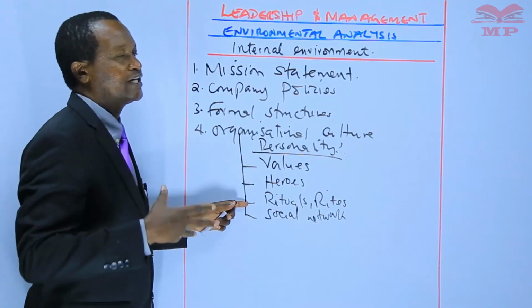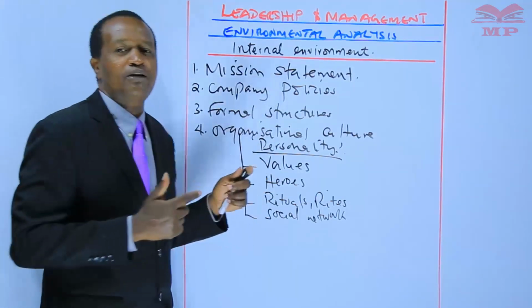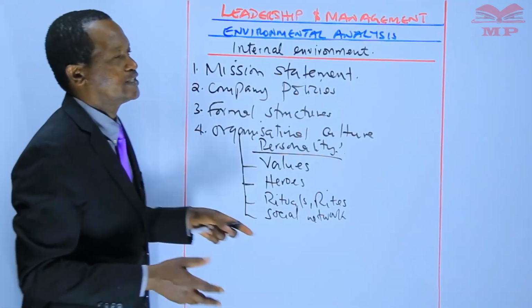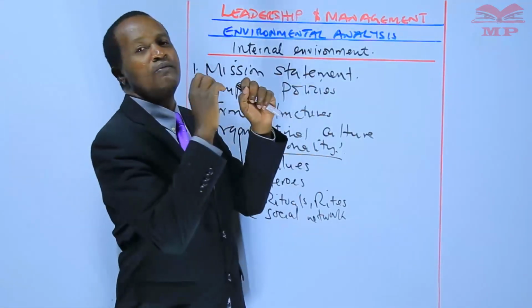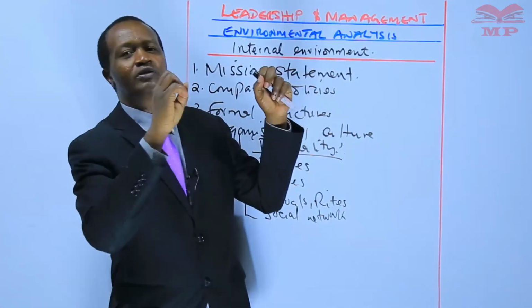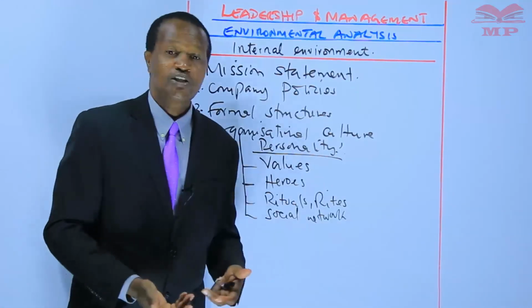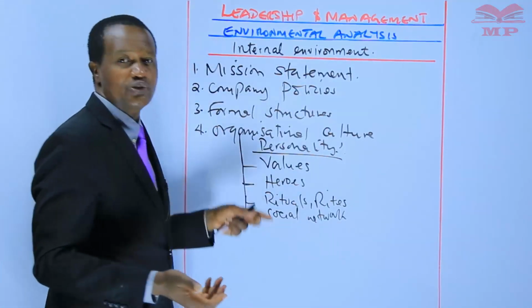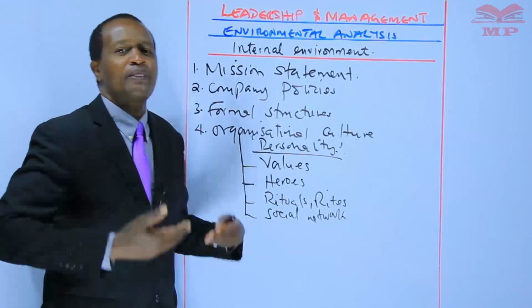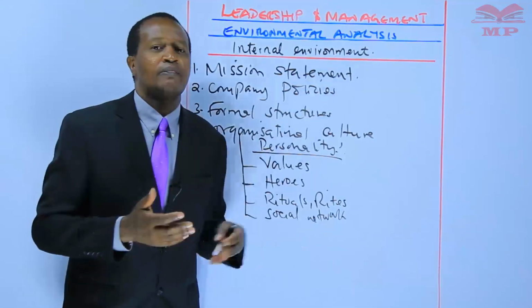And that is to exemplify and inspire all employees of the company during the rest of the year. Towards the end of the year, there are companies that throw parties, and there are those that take managers on paid holiday. So companies have different rituals which form part of organizational culture.